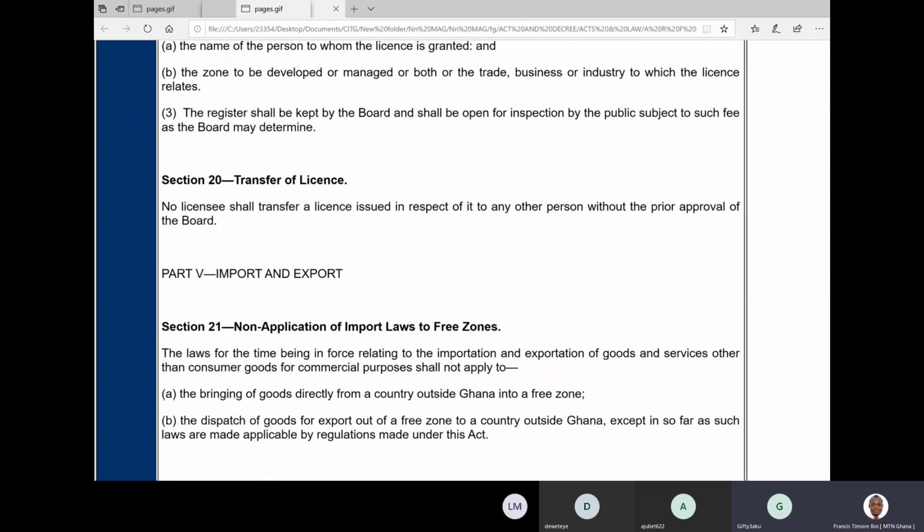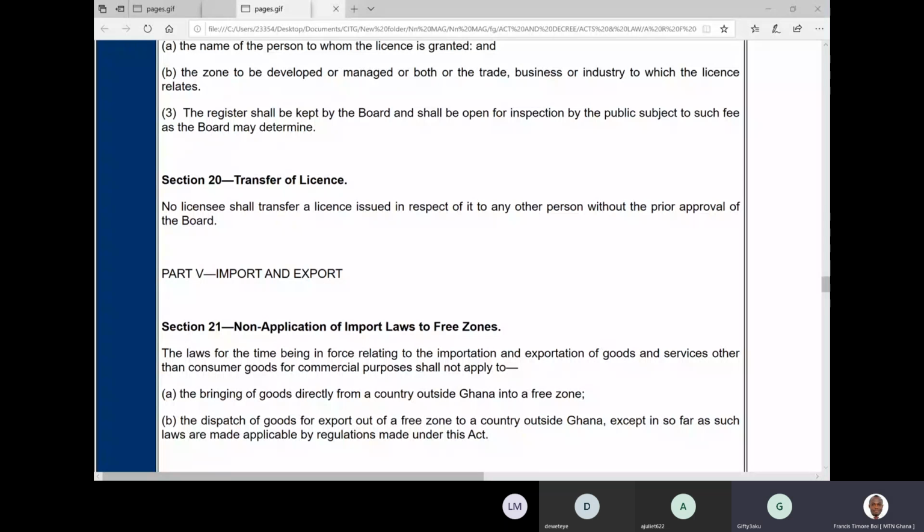I know that from the developers, even for the subcontractor, they're supposed to obtain a license from the board. So the same applies to enterprises too.